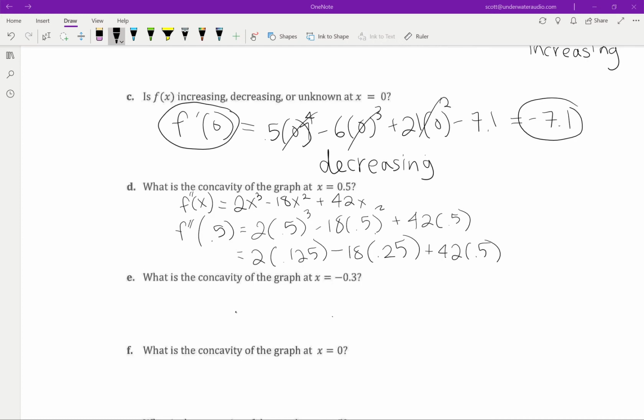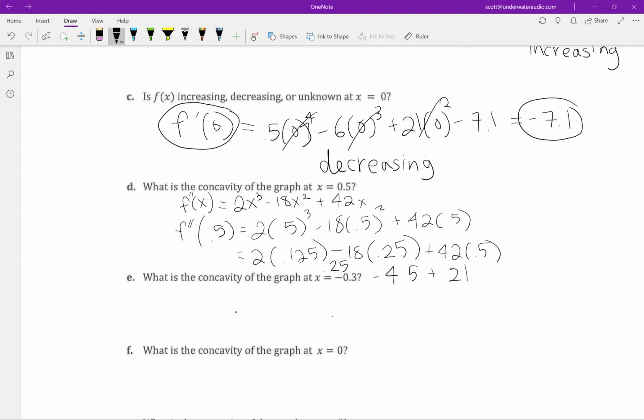All right, so 42 times 0.5, that's 21. 18 times 0.25, 4.5. 2 times 0.125 is 0.25.